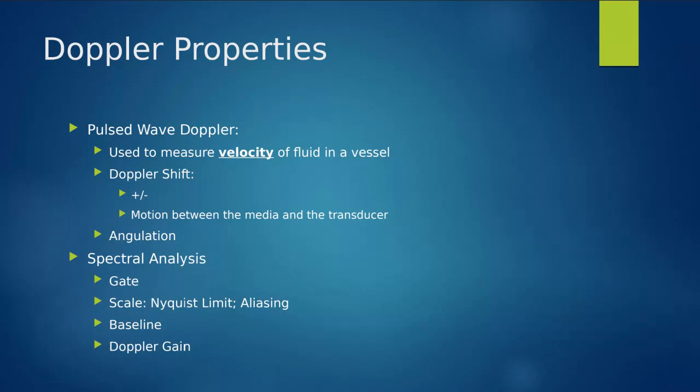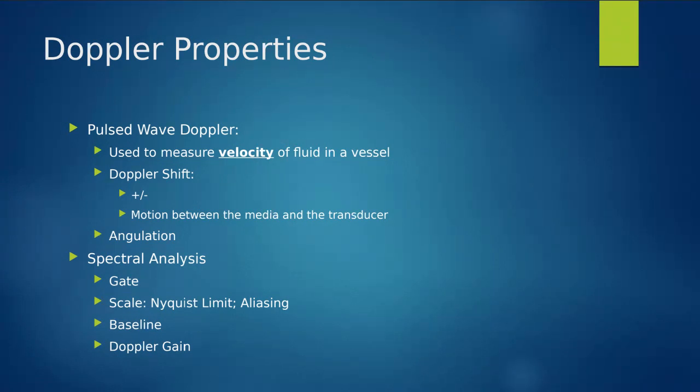There's a lot that goes into that, a lot that's behind it, but that's just the basic premise of using pulsed wave Doppler. We're using it to get an actual velocity of the region of the vessel that we're sampling so that we can measure it and say, hey, this falls within the normal velocity, or this velocity is looking a little bit abnormal.